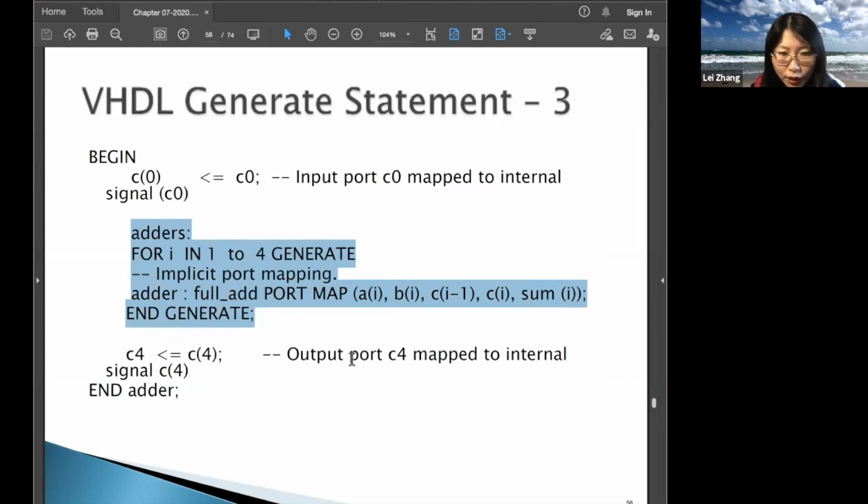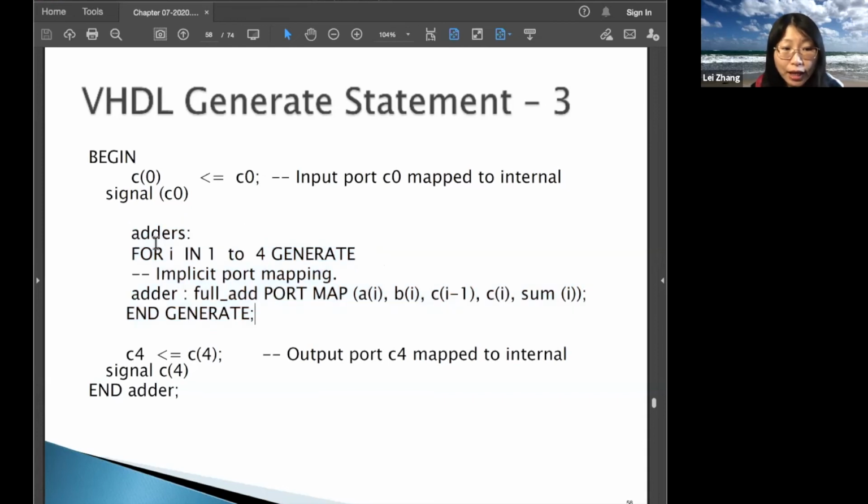Okay, I will ask you to think about this one and write down the equivalent code without using the for generate statement. Just write down the simple VHDL code for this without the for generate.